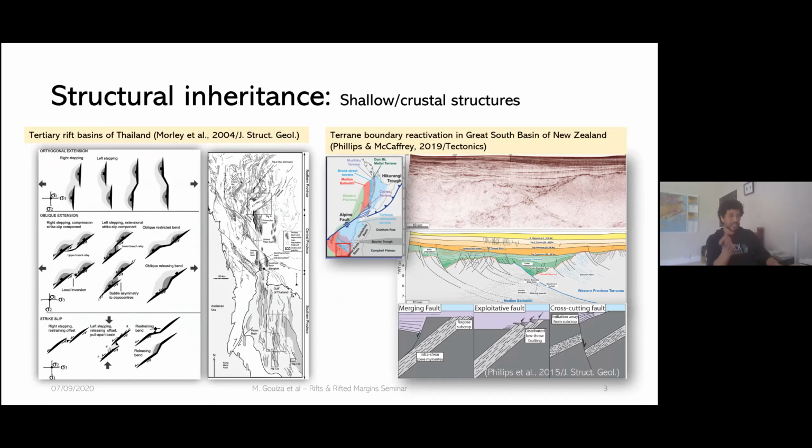It nicely showed that inheritance at crustal scale, or crustal weaknesses, usually gets reactivated very early on in the rift process, and depending on their orientation with respect to the stress field, they can have major influence on fault geometries and the linkage between the different faults and how they grow. That's really crucial to understand sediment-structure relationships in a rift basin, for instance.